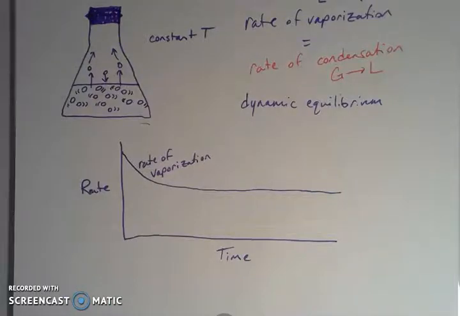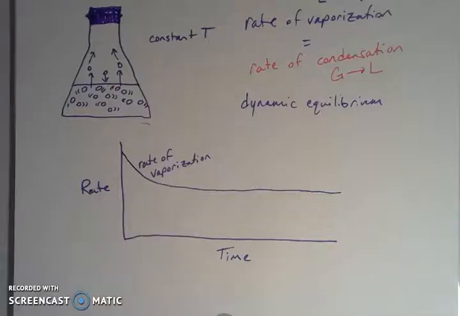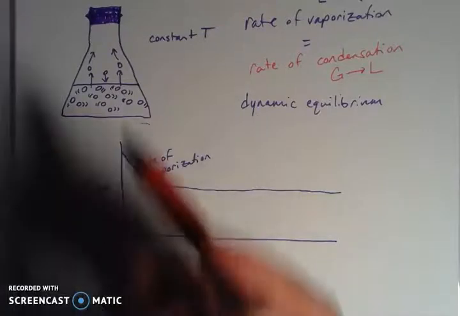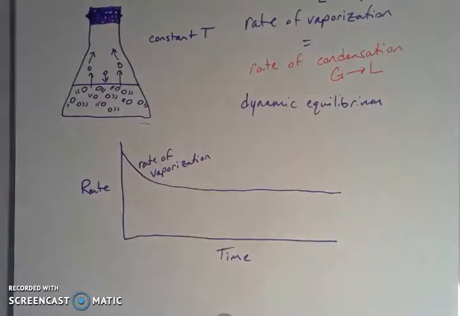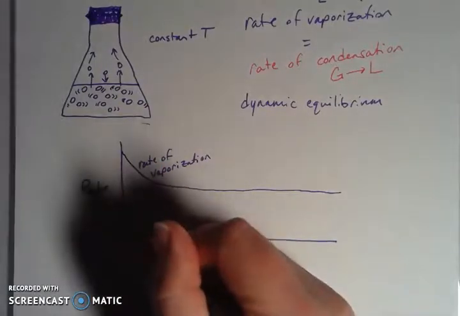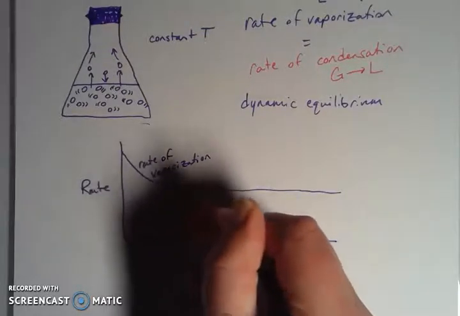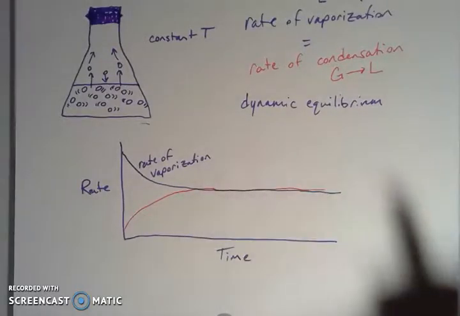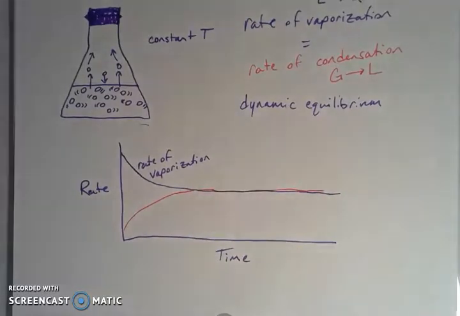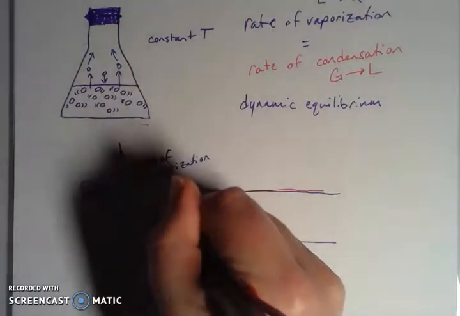Now the condensation part's going to start really slow because my vaporization wasn't really happening, right? I just capped off the system, so there was no gas in there really to be condensing. So it starts off kind of slow, the rate, but then it's going to speed up, and ultimately, they're going to end up at the same place on my graph here. Hopefully you can kind of see my intermingling of lines. And this is my rate of condensation.